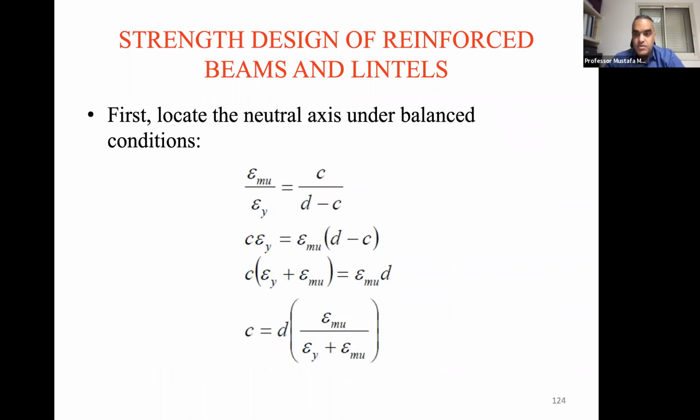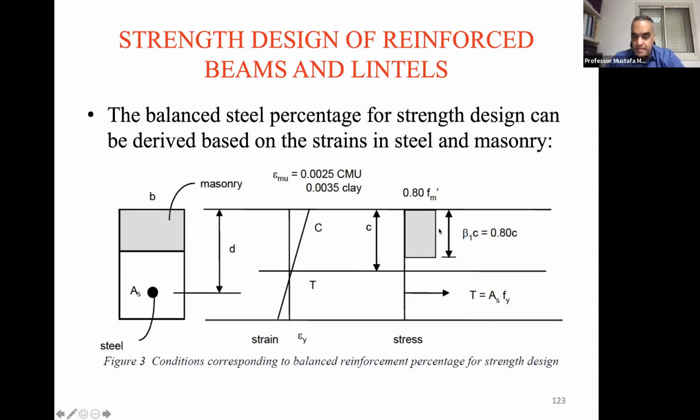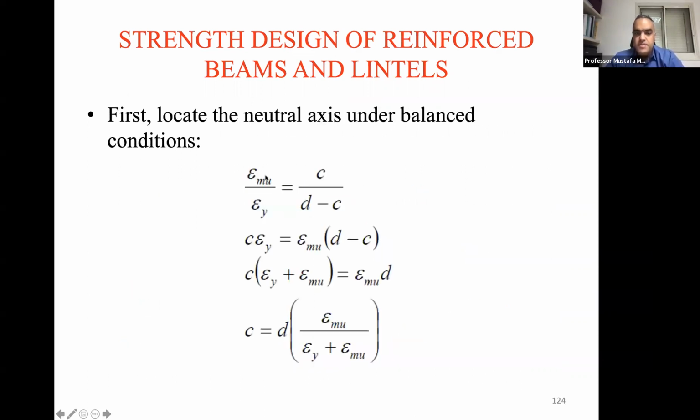And of course, for the balanced condition, we have that depth is different, right? That depth typically is higher than what it should be in an actual behavior of a reinforced concrete beam or masonry. So this is higher typically, and that's found from the relationships.